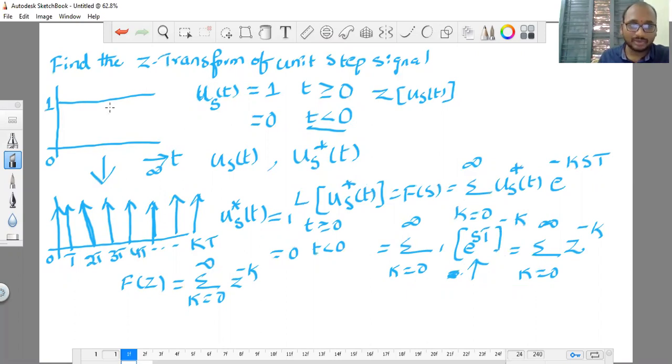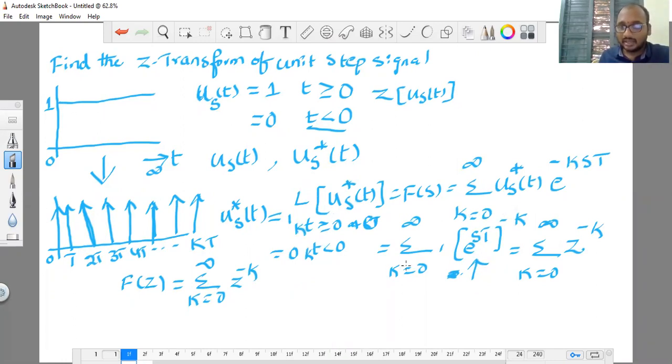If you apply the sampling process, this unit step signal is converted into a train of impulse signals. The magnitude of this impulse signal, u star of t, is equal to 1 for t greater than 0 at every instant of kt, at all the instants of kt only, which is 0 for kt less than 0. Next, apply the Laplace transform, you get this.